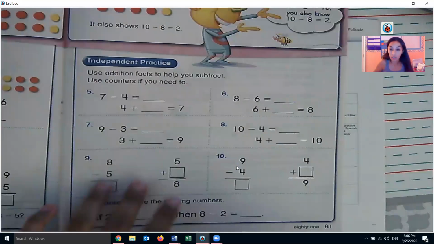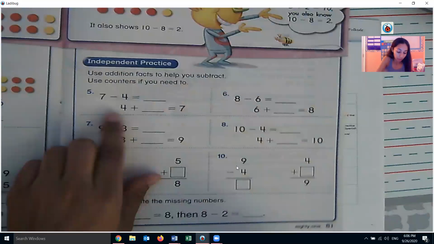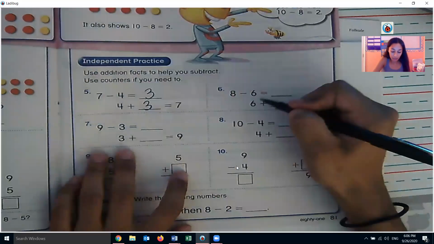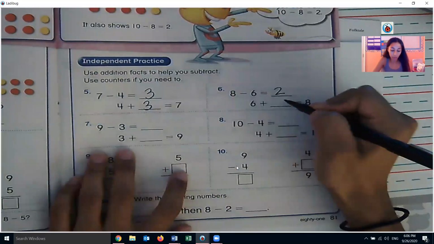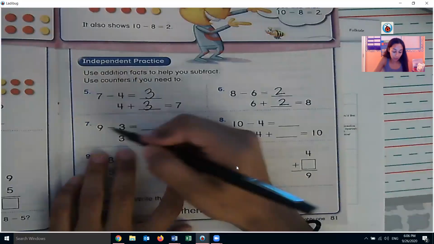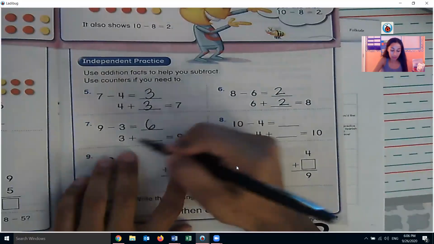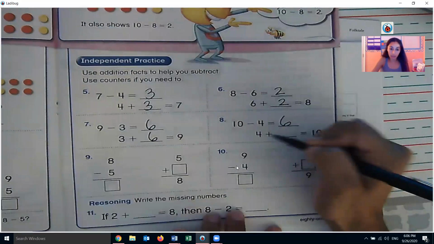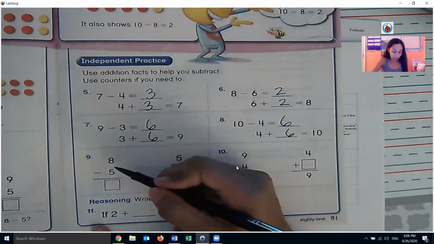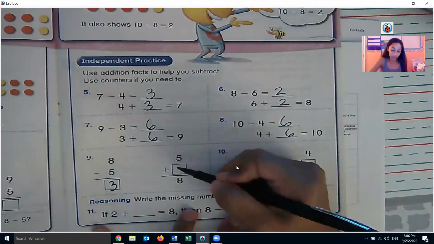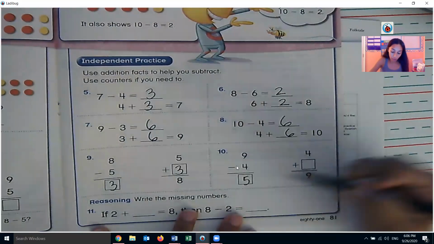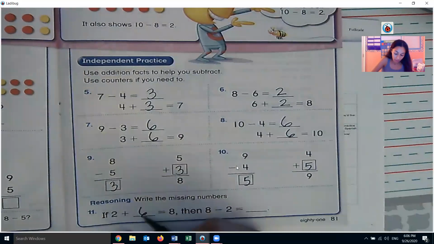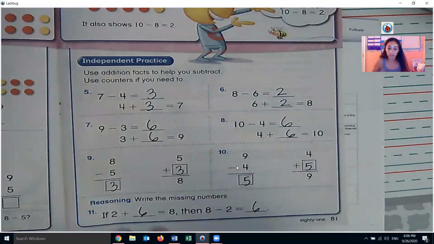So again, just like fact families, 7 minus 4 is 3, so 4 plus 3 is 7. 8 minus 6 is 2, so 6 plus 2 is 8. 9 minus 3 is 6, so 3 plus 6 is 9. 10 minus 4 is 6, so 4 plus 6 is 10. 8 minus 5 is 3, so 5 plus 3 is 8. 9 minus 4 is 5, so 4 plus 5 is 9. If 2 plus 6 is 8, then 8 minus 2 is 6.